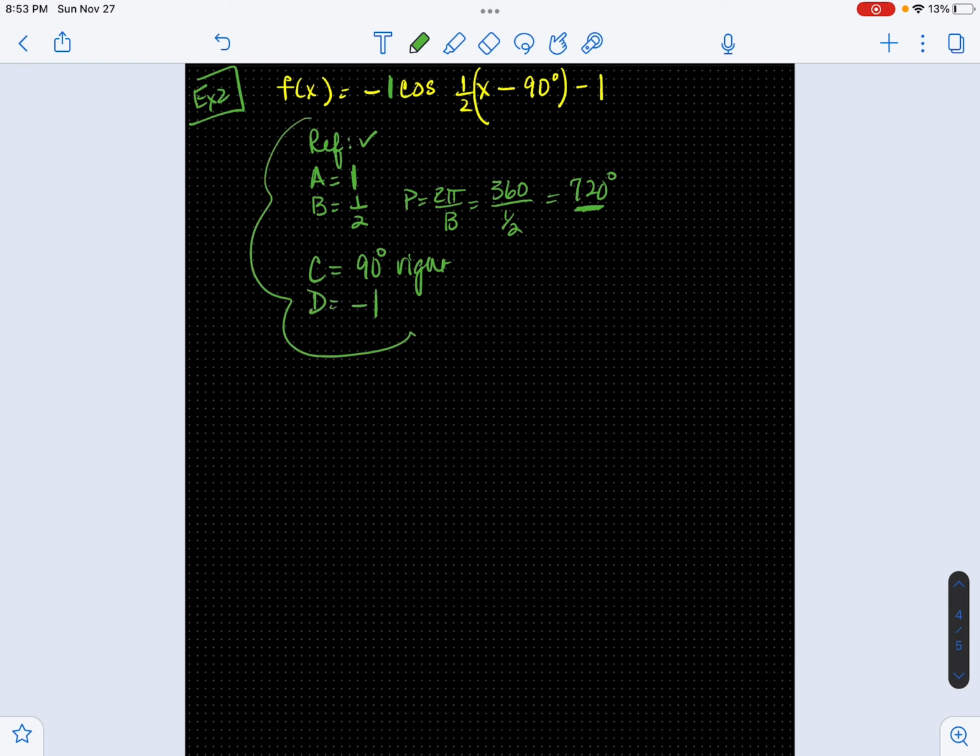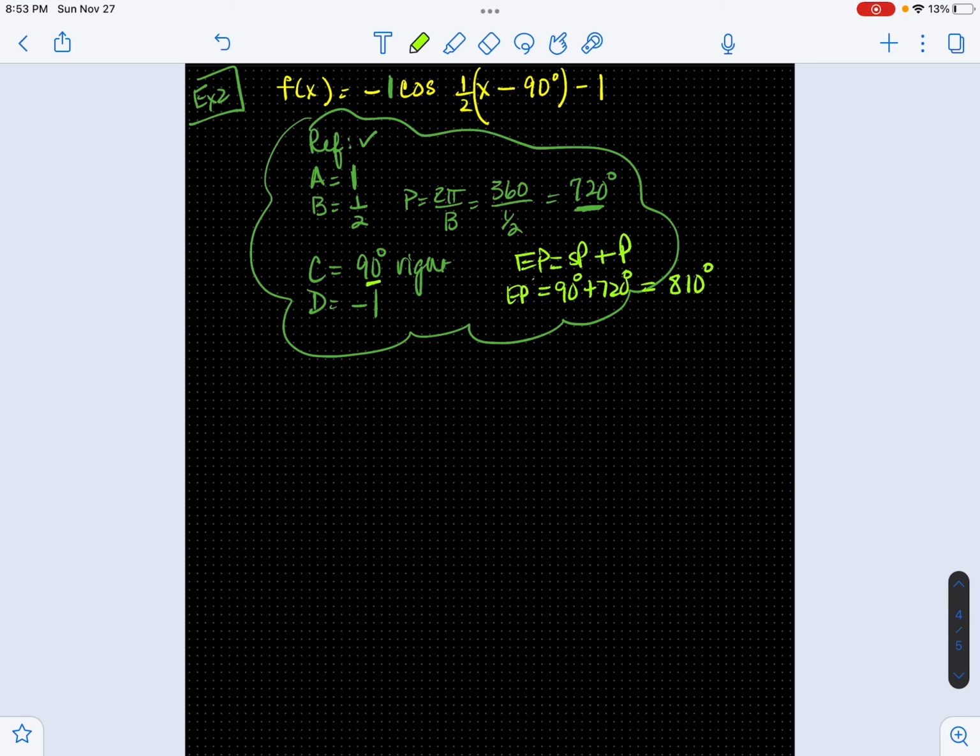Now that I have all these, let me also find the start and end point. We already know the start point, which is 90 degrees. So end point is start point plus period, which is 90 degrees plus 720 degrees, which is 810 degree end point. All right, here's my midline, which is down 1, but amplitude is 1.